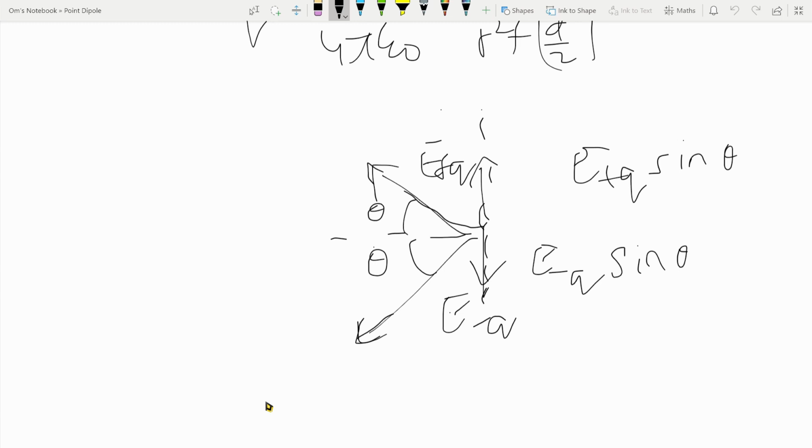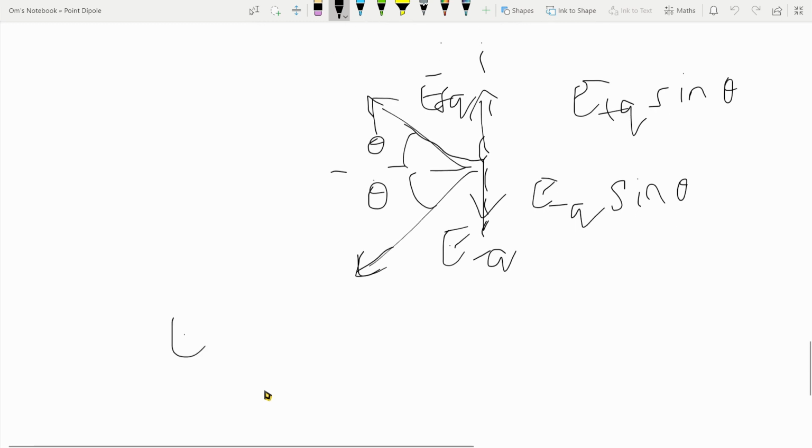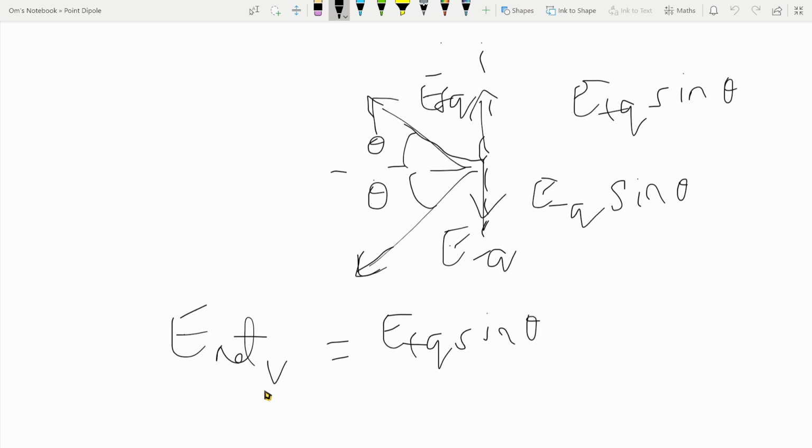So what happens is that the net vertical component, if I were to write down over here, E net V is equal to E plus Q sine theta minus E minus Q sine theta. This whole thing is actually 0.